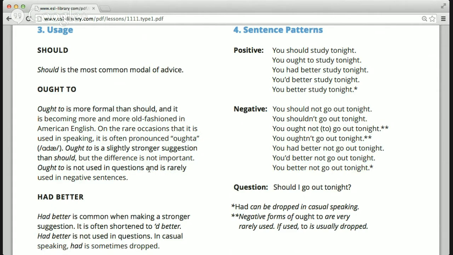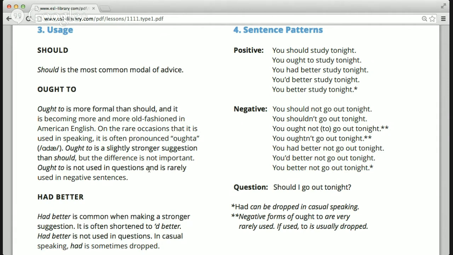On the rare occasions that it is used in speaking, it is often pronounced oughta. Oughta is a slightly stronger suggestion than should, but the difference is not important. Ought to is not used in questions and is rarely used in negative sentences.